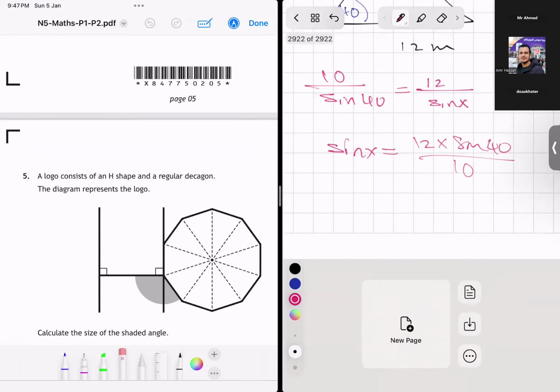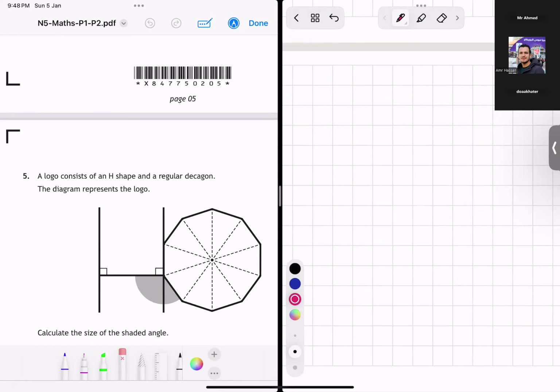Let me think together. How could I figure out this one? So that's 90 degrees. I got the lower part, right? Look at this one.